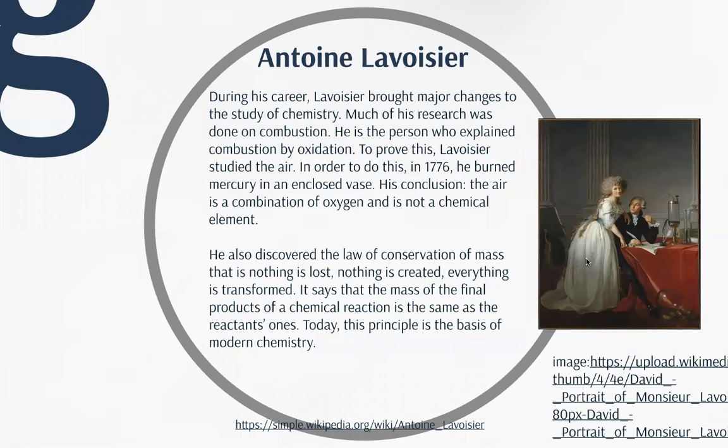One of them is Antoine Lavoisier, the guy who basically came up with the idea of oxygen. Prior to his research, people just thought air was just air. Lavoisier showed that air had other things in it. He discovered the law of conservation of mass, by understanding that a combustion reaction is essentially combining oxygen with something.